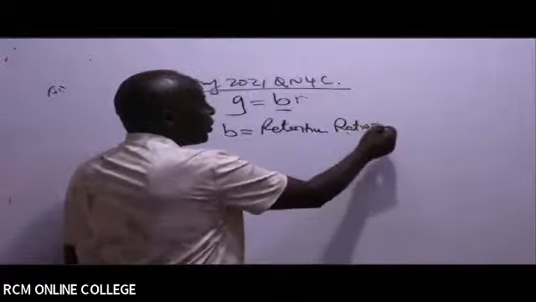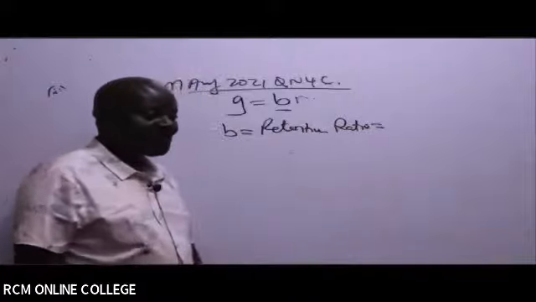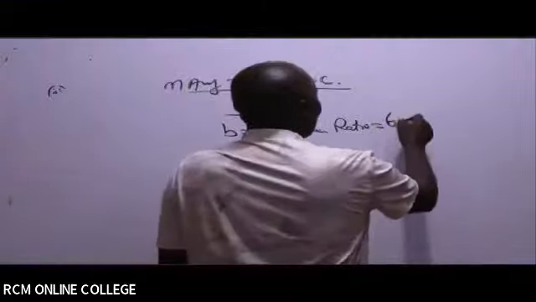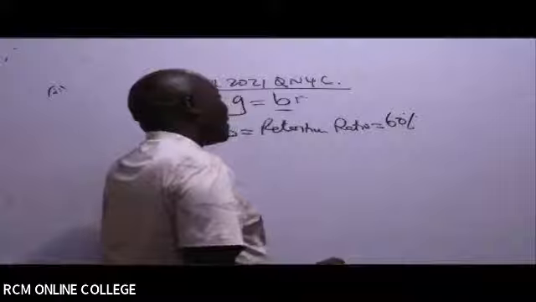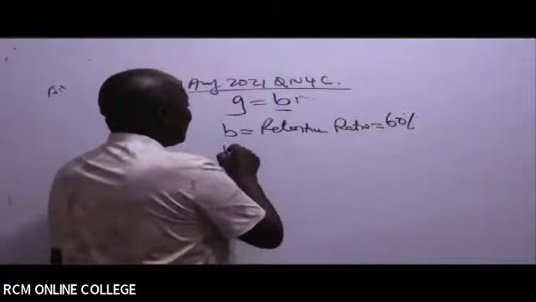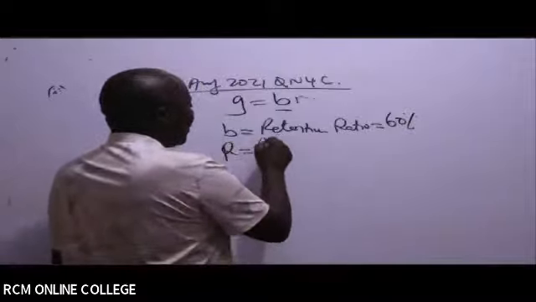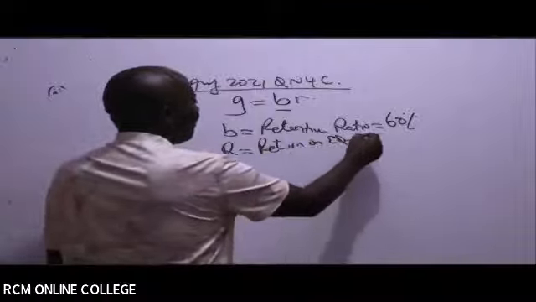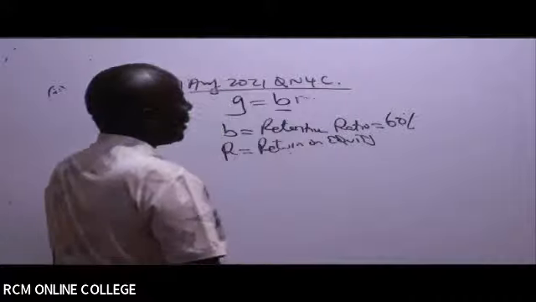Have they given me retention ratio, ladies and gentlemen? They have given me 60%. Thank you very much. I know where the problem is in terms of this R, the return on equity.